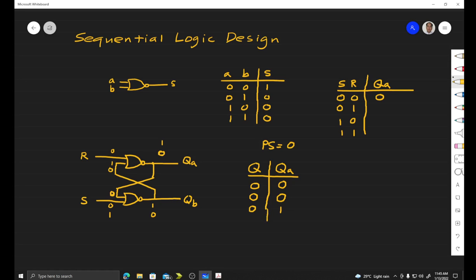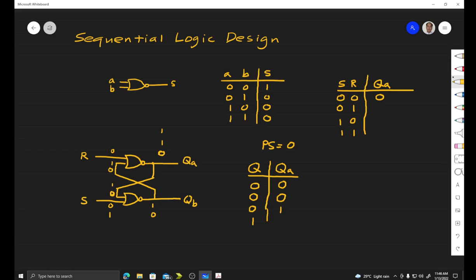So if our present state is 1, so that means we have here output 1. I'm sorry, so Q is 1. So we have now Q equals 1. Then let's say input S is 1. So we have 1, 1.